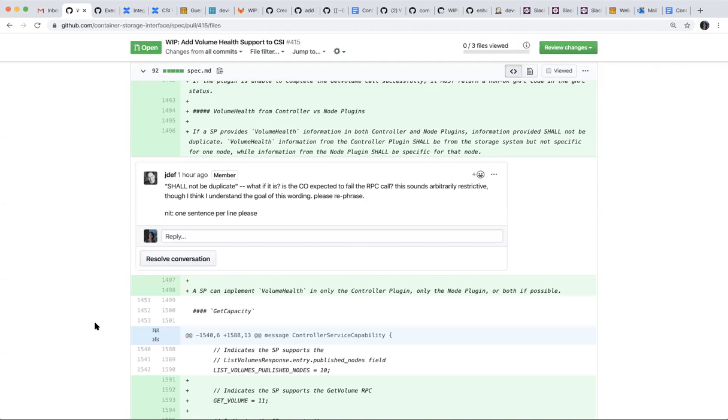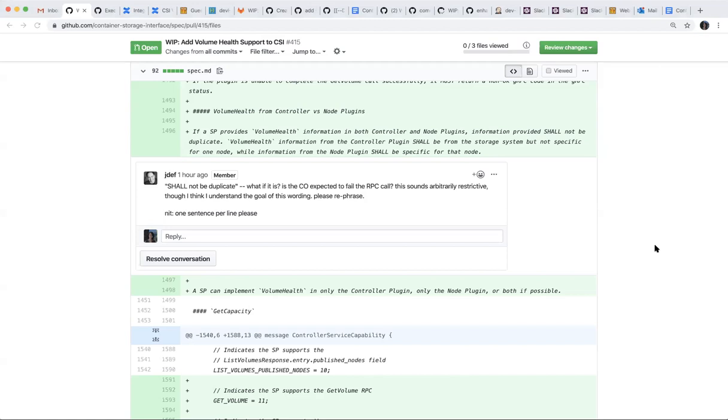I can tell you right now that if we make this change to the spec, there are going to be vendors in the channel asking, what does this mean? How do I implement this? There are going to be lots of questions. We need to make it clear why there's both and what purposes they serve. Well, from our point of view, since we support both, it seems pretty clear to me, the controller side and the node side.